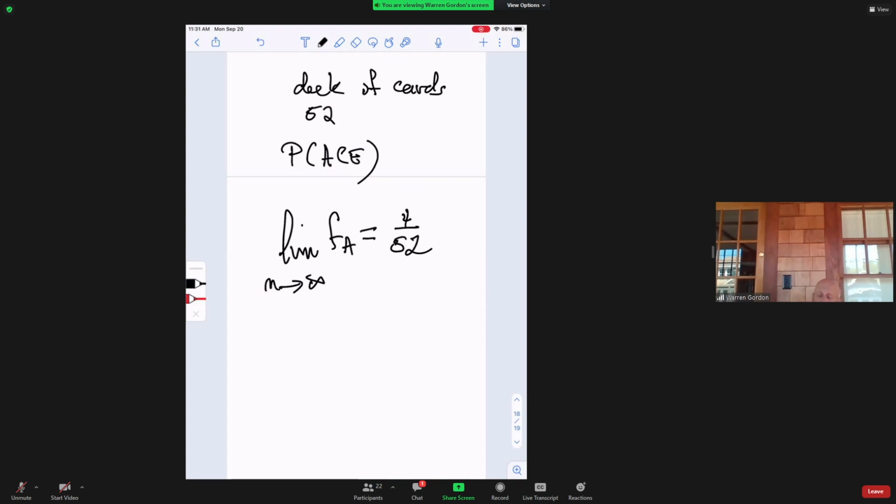Now, there are problems with this reasoning. So they needed to put this on a firmer foundation, but they wanted to use their intuition as well in formulating certain axioms of probabilities, and that's what we're going to do.